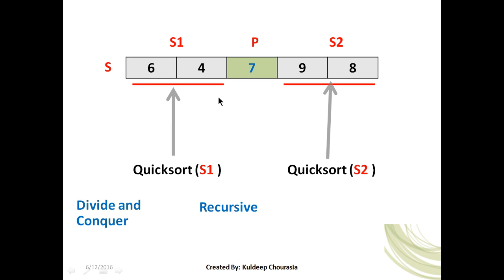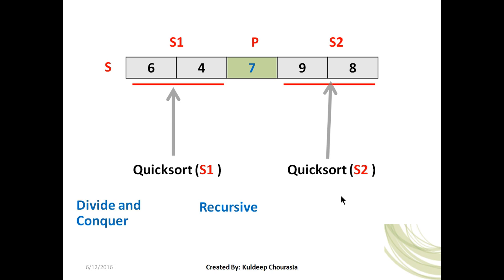So I defined step 1 and step 2 and use those steps to quicksort S. Now again, when I do quicksort S1, I will use those same steps, step 1 and step 2 again. Similarly, when I quicksort S2, I will use those previously defined step 1 and step 2 again.